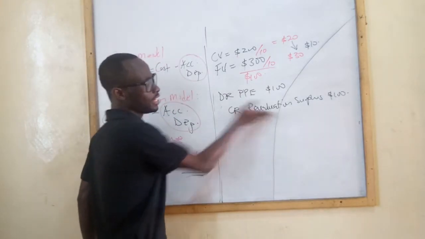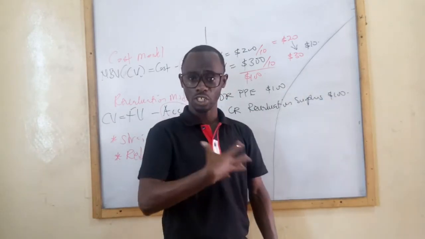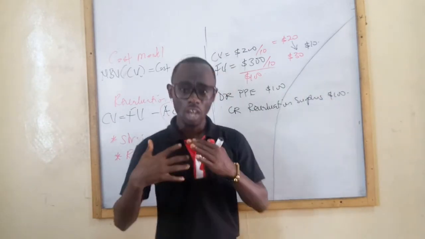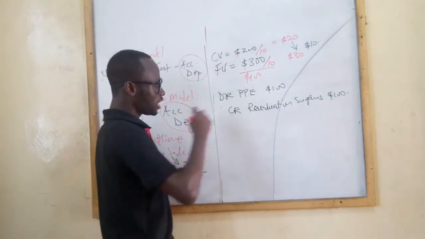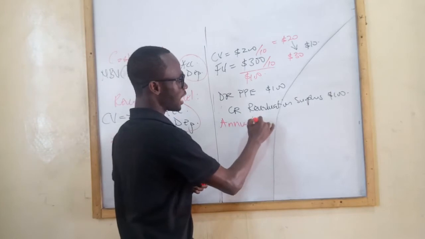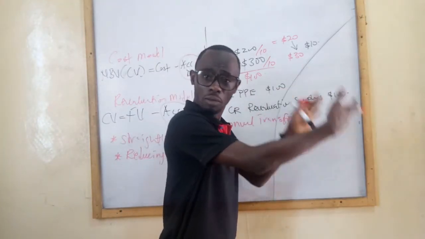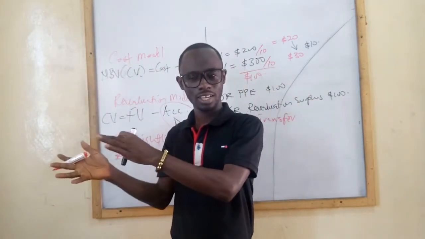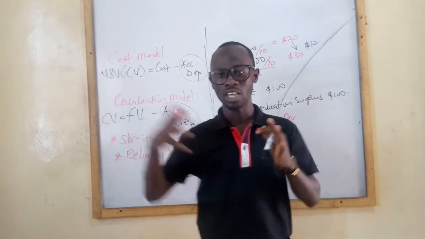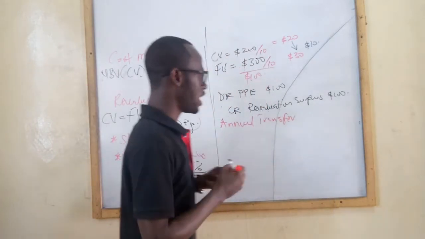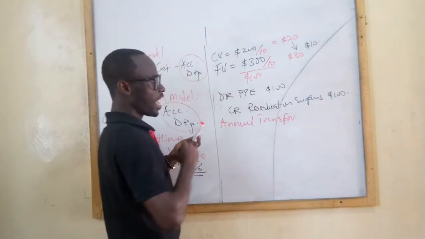You will see that this revaluation surplus still belongs to the shareholders. It's a benefit for the shareholders. So we need to compensate the shareholders. How do we compensate the shareholders? We compensate the shareholders by making an annual transfer from the revaluation surplus to the retained earnings. Remember, dividends are always paid out of where? The retained earnings. So since dividends are paid out of the retained earnings, we are going to transfer every year.